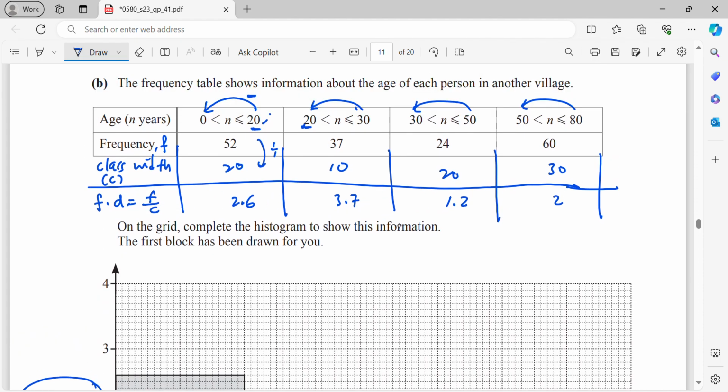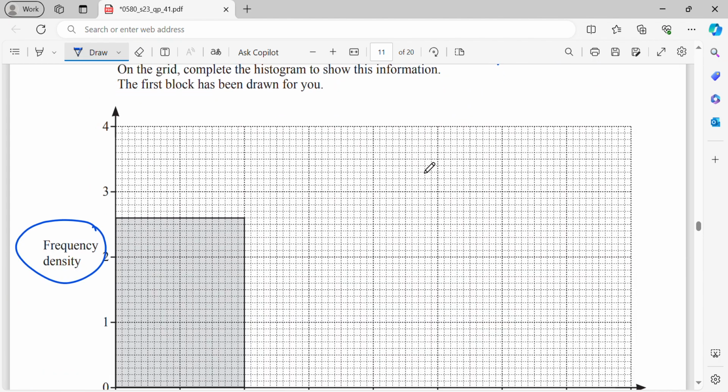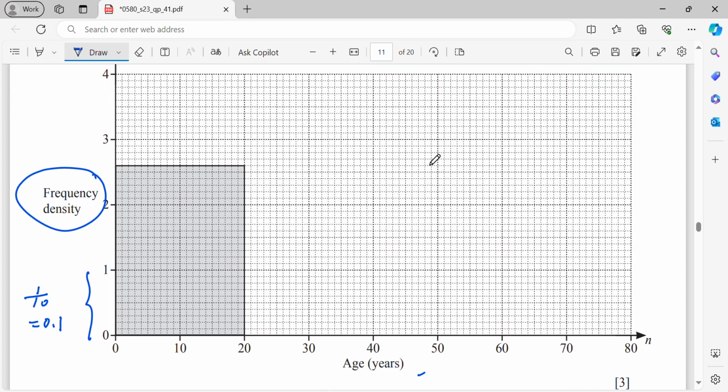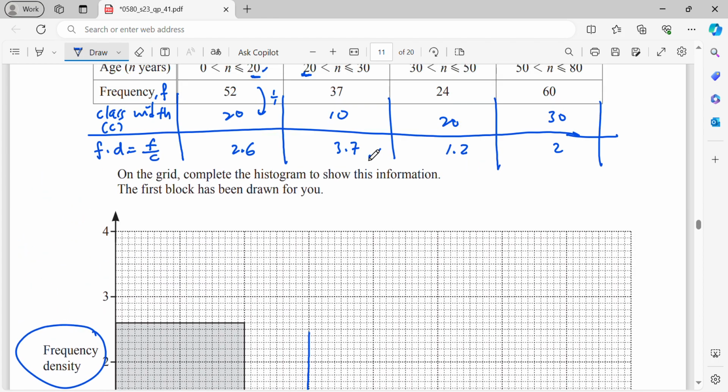So when 20 to 30, the height is 3.7. When you look at here, 1 unit is 10 squares, so that means each square is 0.1. So now 20 to 30 is over here. Just draw a block. But the height is 3.7. So this 3.5, 6, 7.